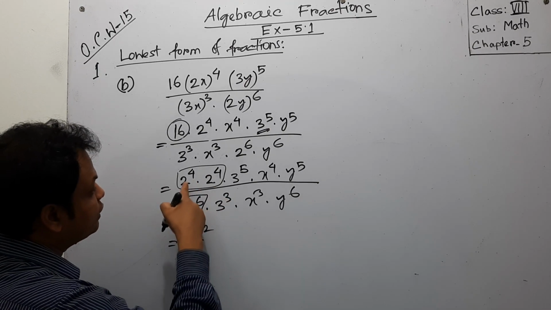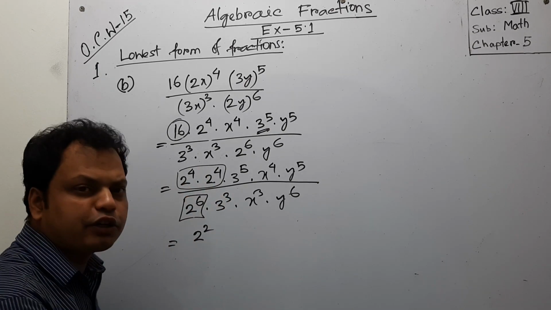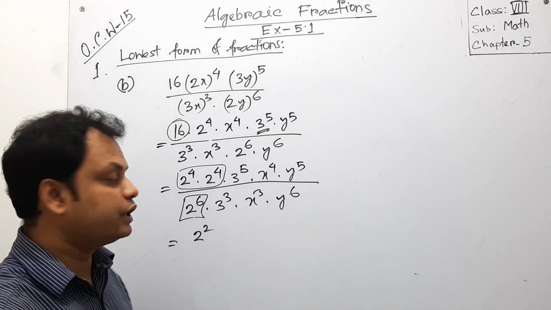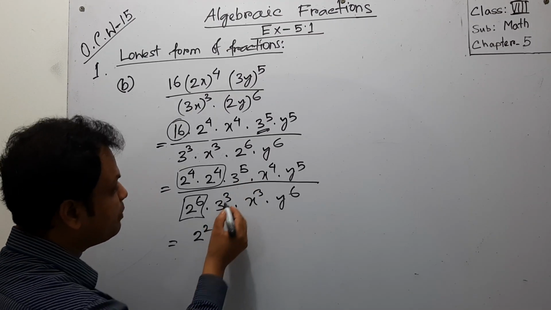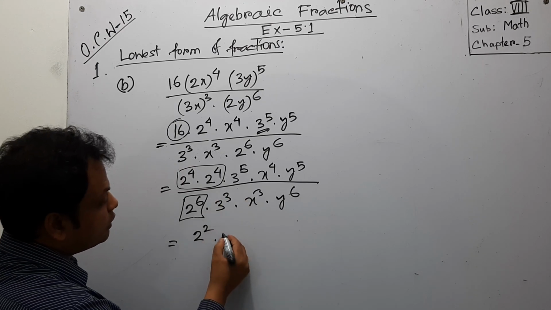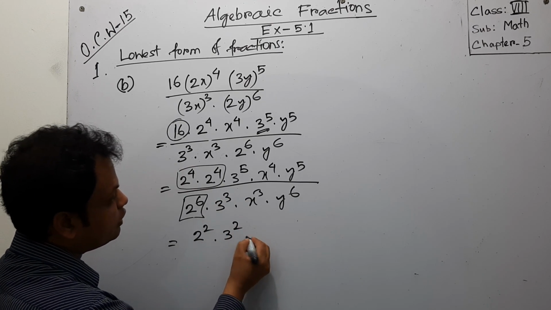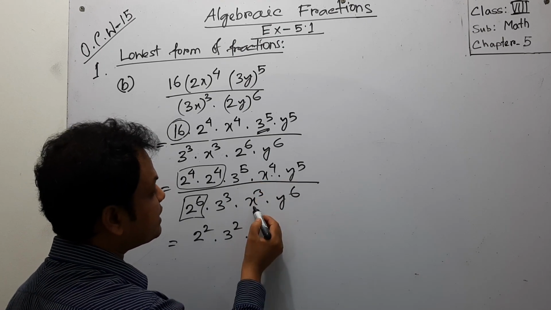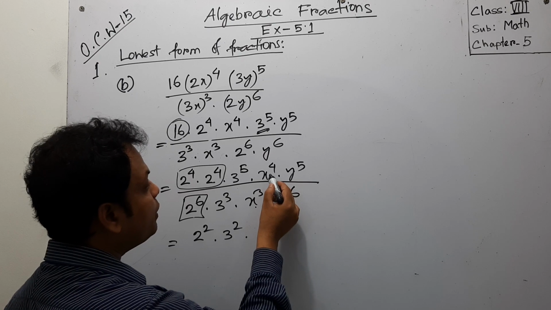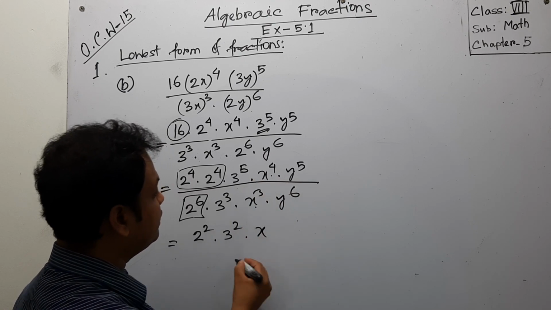After eliminating the 2s in numerator and denominator, we get 2 square into, for 3 power 5 and 3 cube, 3 square, into x power 4 over x cube, that means x 4 times and x 3 times, so we get x.